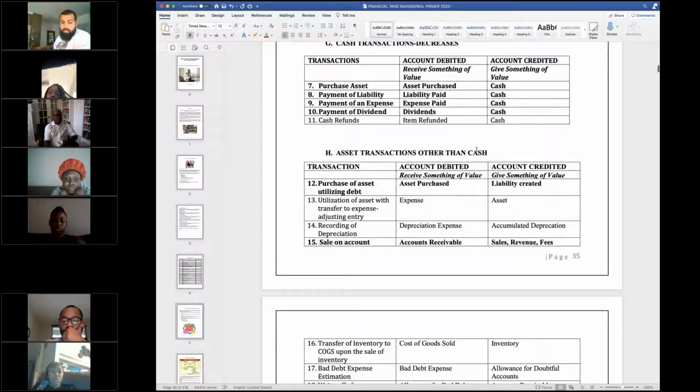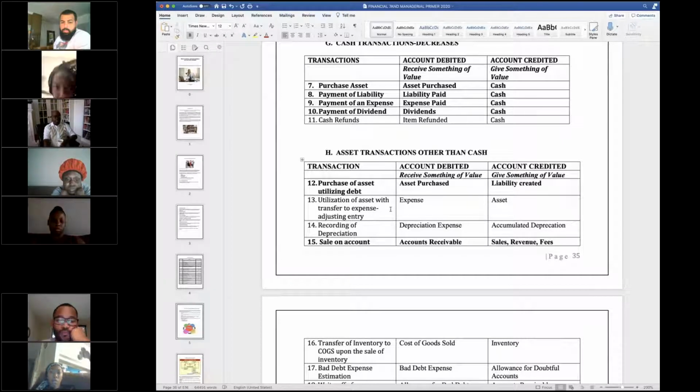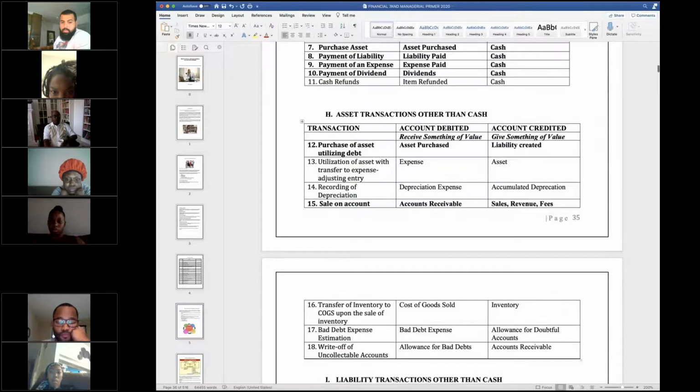Then we get into asset transactions other than cash. Purchasing an asset utilizing debt: debit asset purchased, credit liability created. An adjusting entry: utilization of an asset with a transfer to expense, like supplies, recording of depreciation, sales on account.